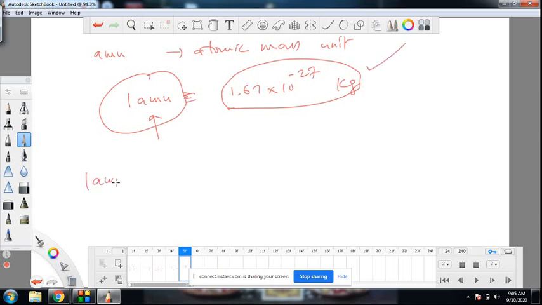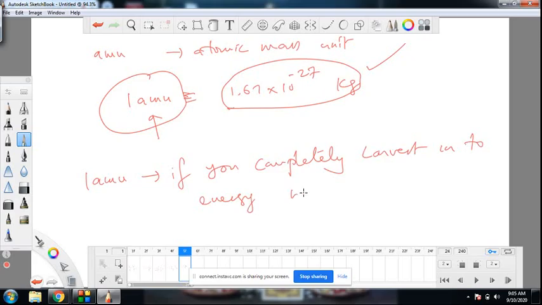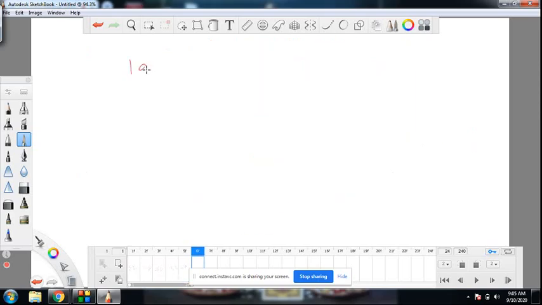1 AMU, if you completely convert this mass into energy, what is the energy released? Let us look at that. So 1 AMU is 1.67 into 10 power minus 27 kg. Energy released is mc square, Einstein's famous equation.